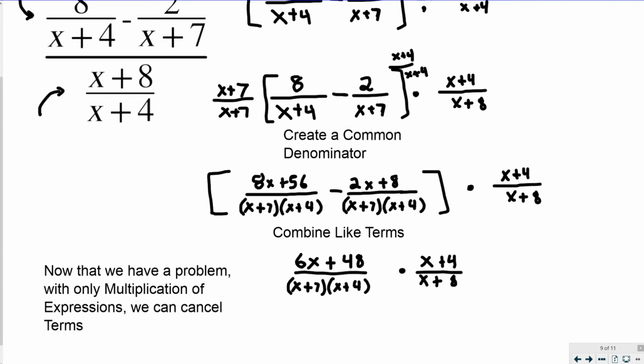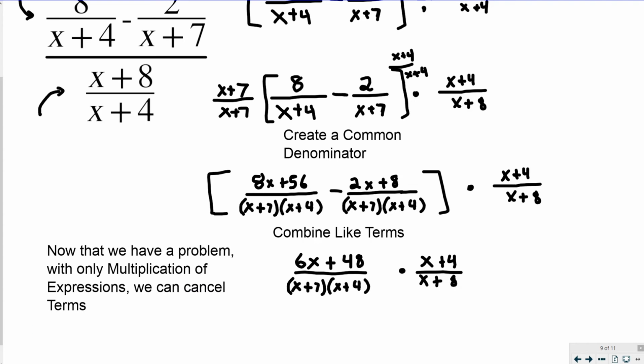So now that we actually have a problem with only multiplication, like you see 6x plus 48, that's a binomial. A binomial times a binomial on the bottom, and then times binomial over binomial. Because there's no actual addition or subtraction like in the previous step, we're allowed to start canceling.